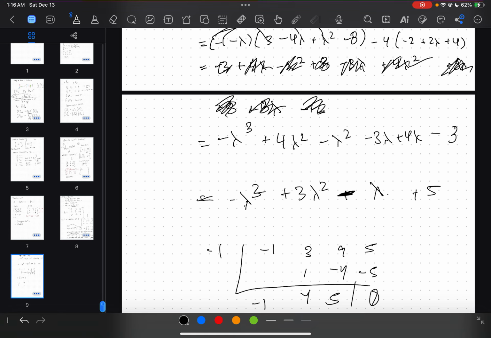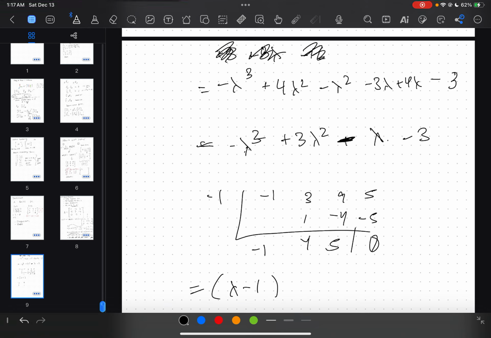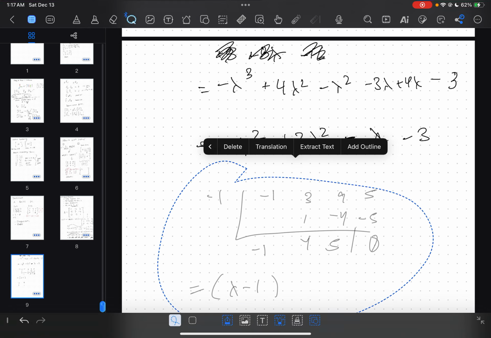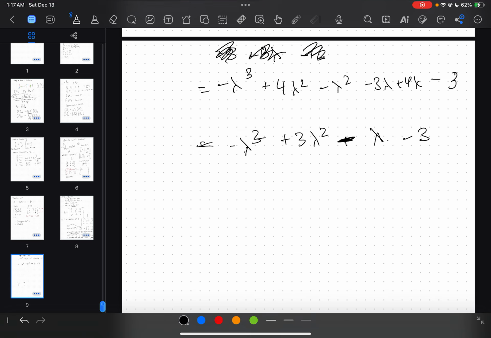Minus 3, which screws with all this. Hopefully I can find it fast. 1, minus 1, 3, minus 1, negative 3. Minus 1, minus 1, minus 1, 1, minus 1, 2.